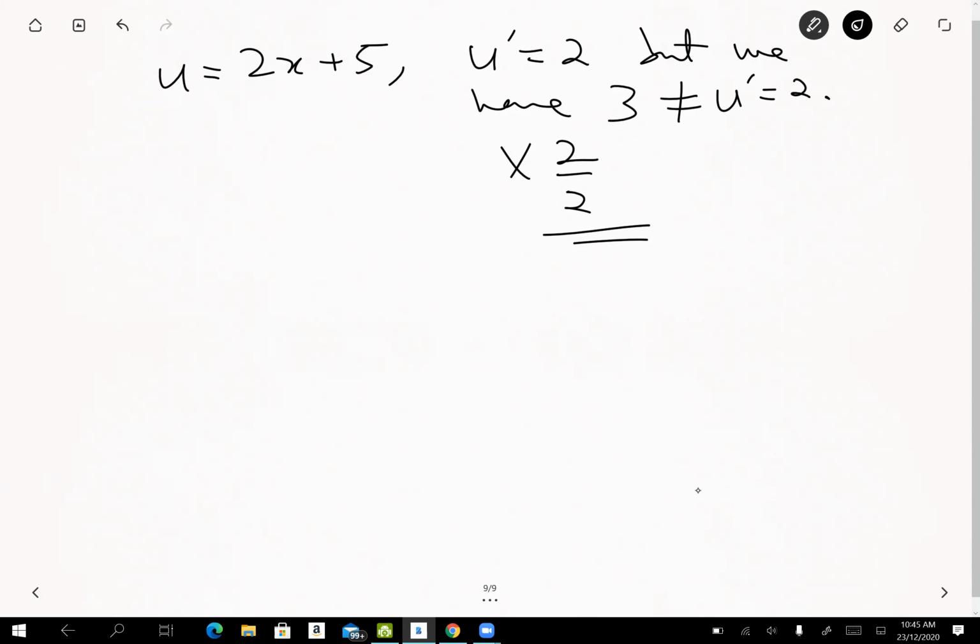Now, example number 5 is macroeconomics. You are given the marginal propensity to consume. So you have a consumption function. All right, consumption function here.